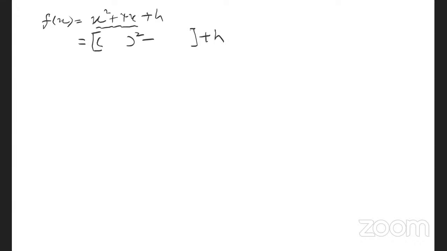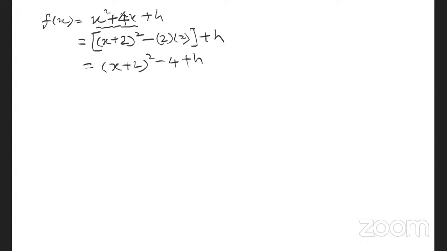Then, this is easy. X, this is plus, you write plus. This is 4, you halve it. Direct, no need to write 4 twice. So 2 square. Okay, 2 square. I got a habit of writing like that. Open the bracket. Minus 4 plus h.